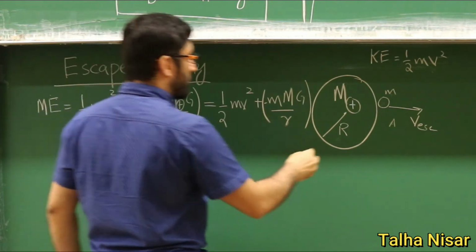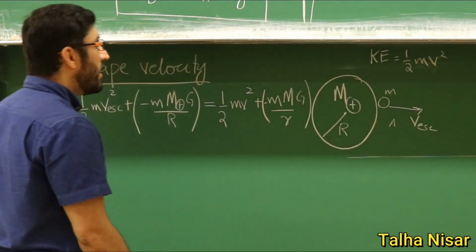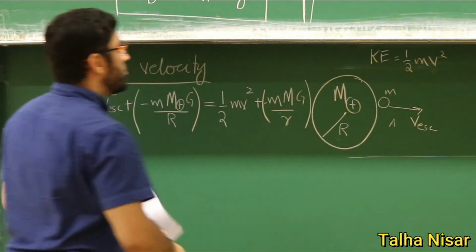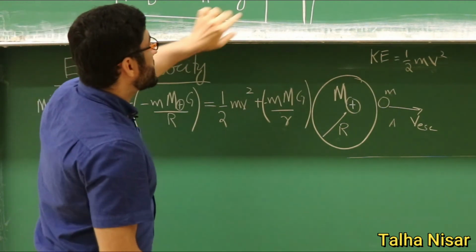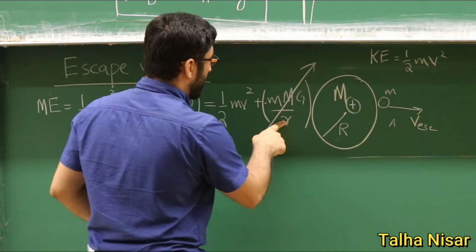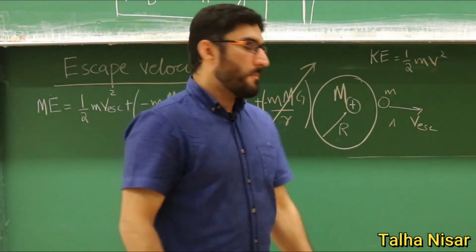This is not the radius of the earth, but it is the distance here. As we said, at infinity the potential energy is 0, as we have already discussed. So this part is 0 because this r is infinity. Anything divided by infinity is 0.